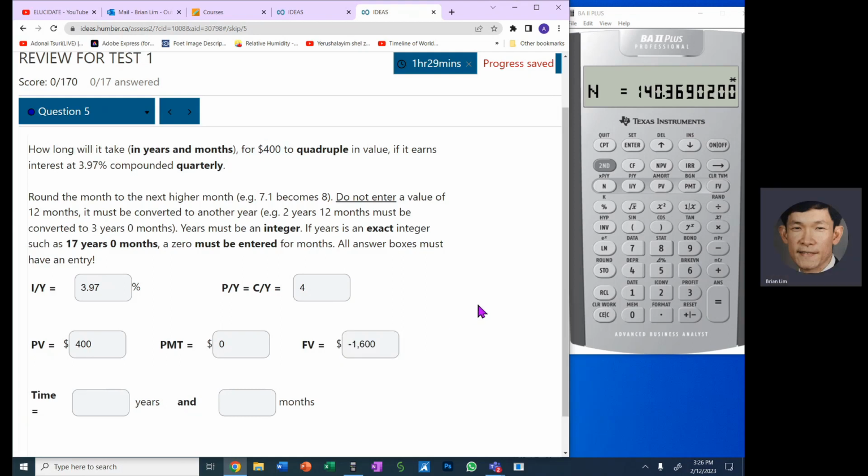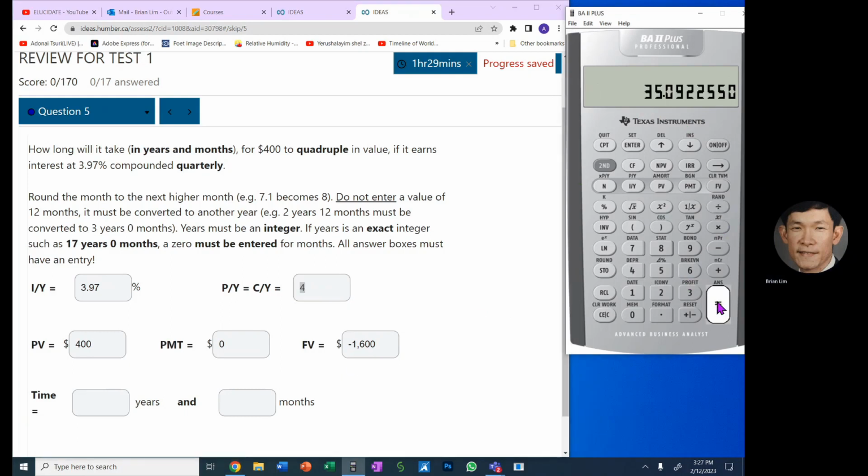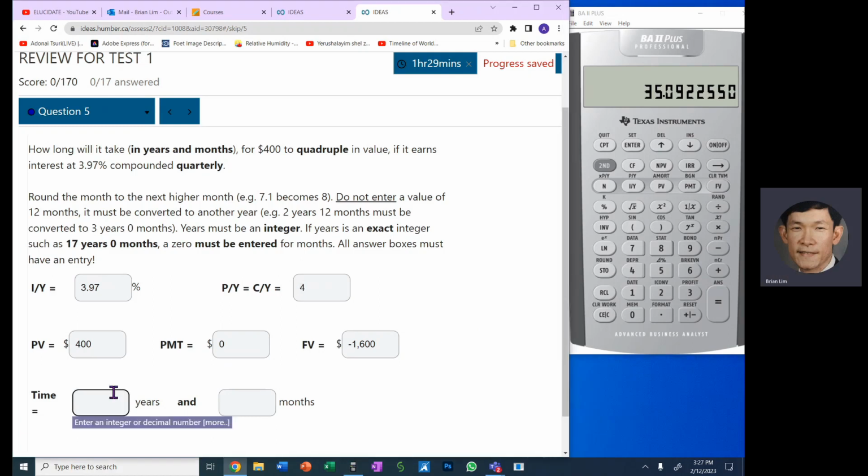So to get the number of years, we have to take n and divide it by what? Yes, divided by 4. So we take that divided by 4, and we get 35 years.